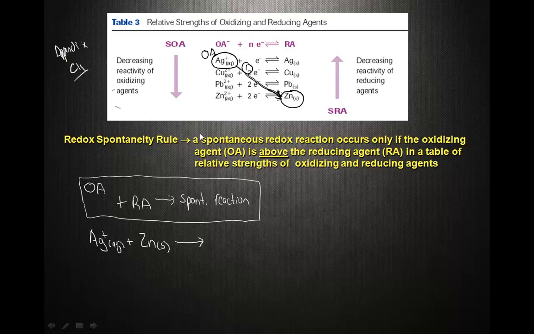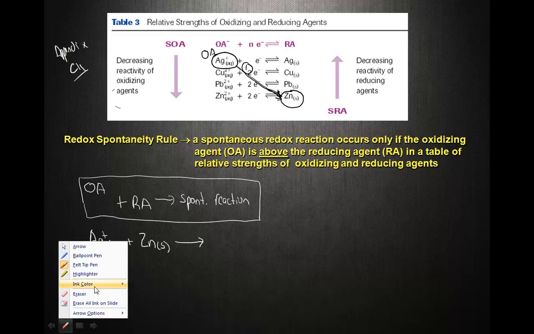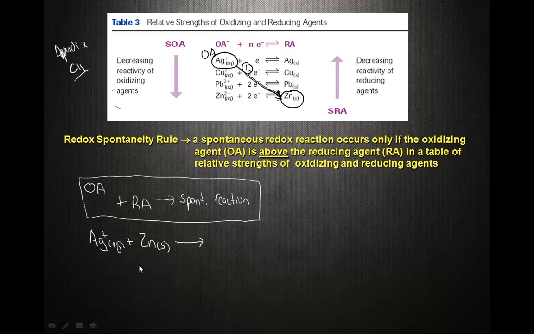So going back to the reaction down below, we'll call this reaction 1, and that corresponds to the 1 in the chart up there. There is going to be a reaction. So silver is going to become a solid, and zinc is going to become aqueous. Now, it's not a balanced equation, but you get the idea.